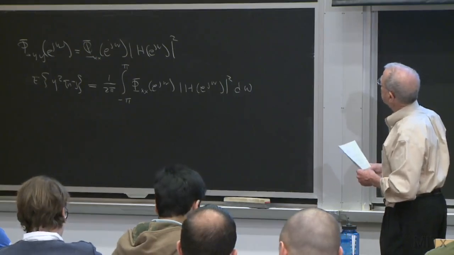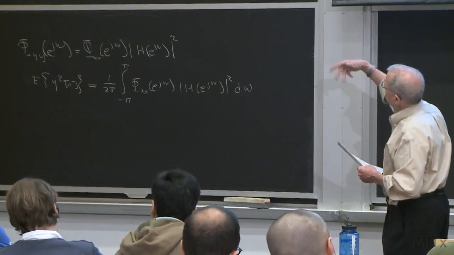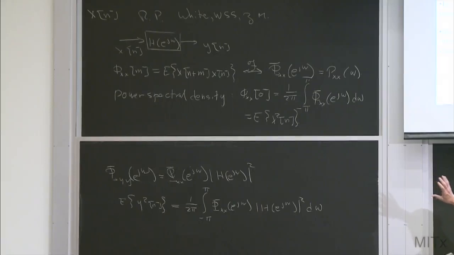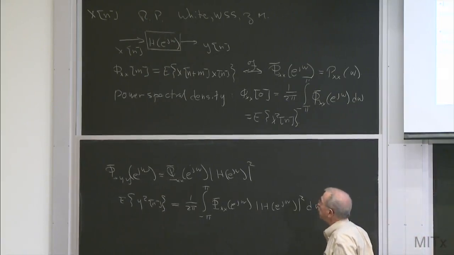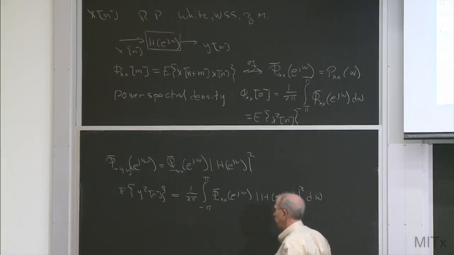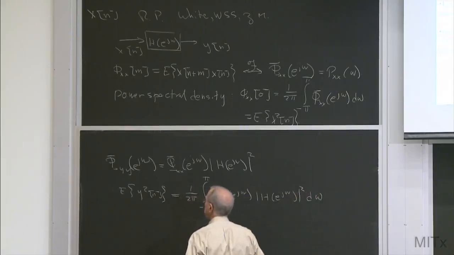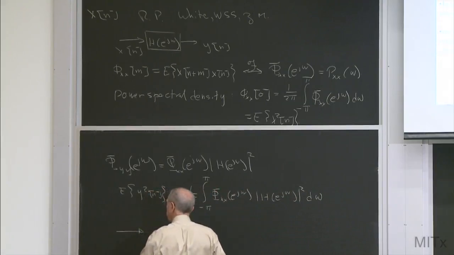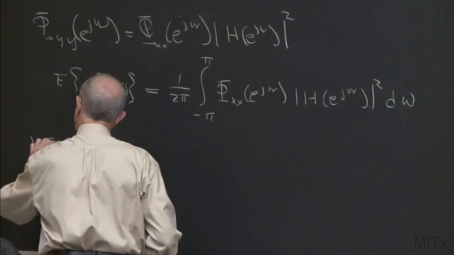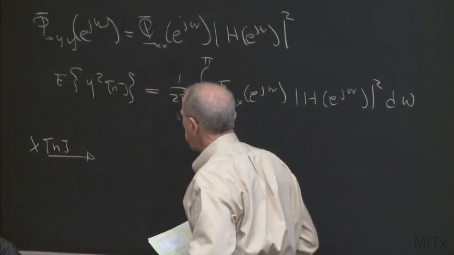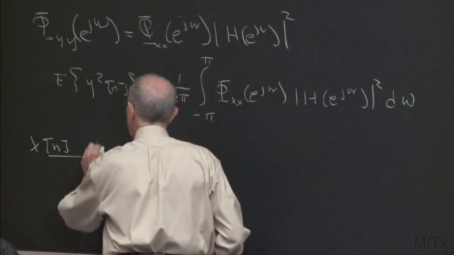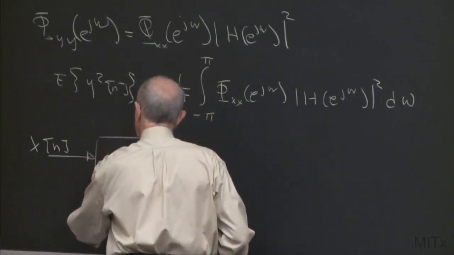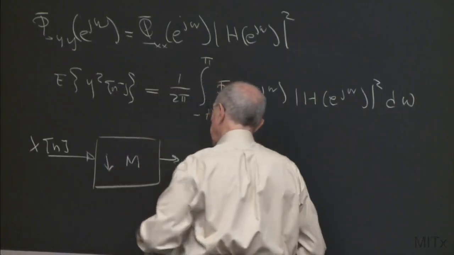So these are kind of the key points about random processes. Let me just put down one more that I'm going to particularly want to refer to later, and that has to do with putting the random process through a decimator.